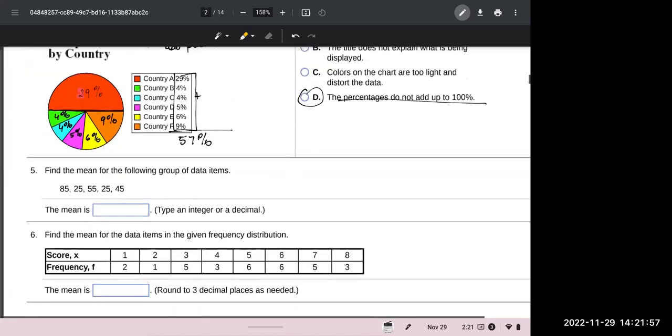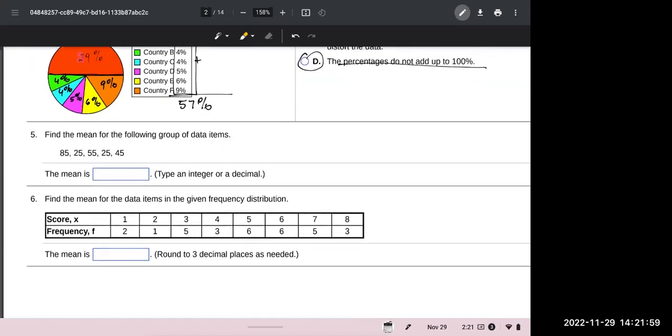Then question number 5, we need to find the mean. To calculate the mean, we add all the numbers together. This is the formula which we learned, sigma x divided by n. Sigma means that we add numbers together, so we add all the x values.